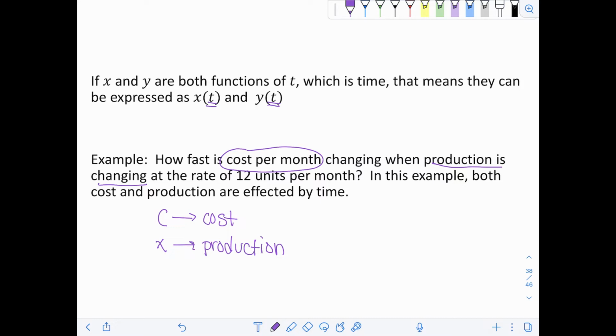So the changing part is really indicating that we're looking at a derivative, because the derivative is really all about how something is changing. And so we'll look at this example in depth later, but just as a heads up, if you have cost, if you take the derivative with respect to time, that's going to be dc dt. And that could actually be how the cost per month is changing.